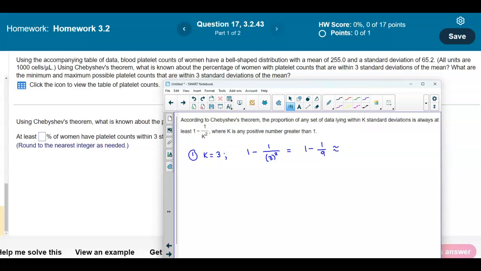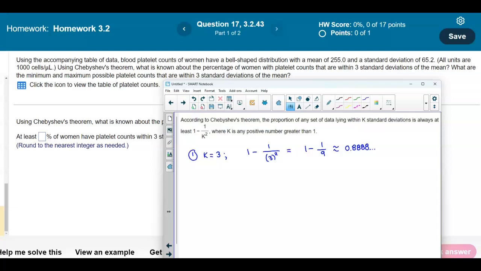Okay, so if we do this on our calculator, we're going to take 1 and then subtract 1 divided by 9. And then we get 0.8888, and that's repeating.